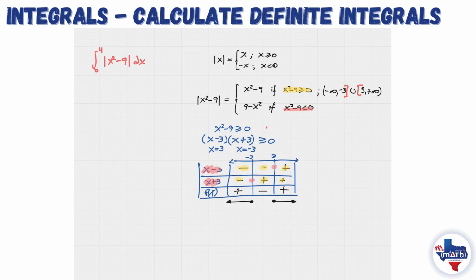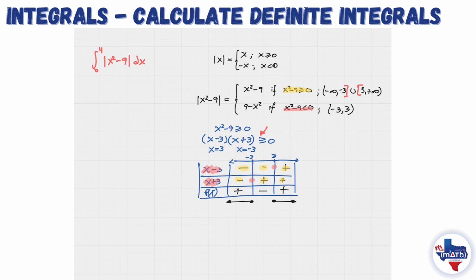How do we know it does include? Because it's greater than or equal to. For the negative behavior 9 minus x squared, the only difference is the denial of this. So the denial of this will be from negative 3 to 3.